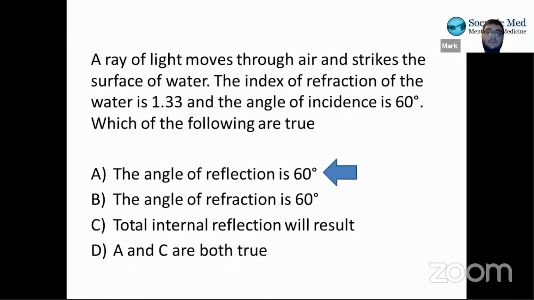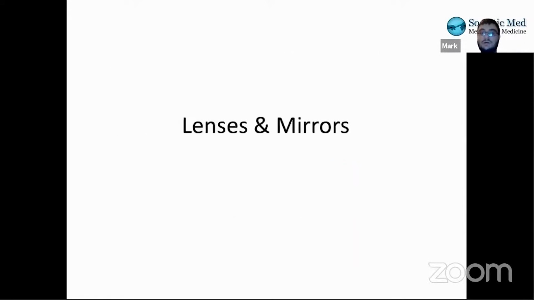But it may happen if we were at 80 degrees going from water to air. From air to water, the angle would actually decrease. It wouldn't be above 90, it would be below whatever it started out, below 60 or below 80 or whatever we started off with. So that's why C can't be true, and D is not true.